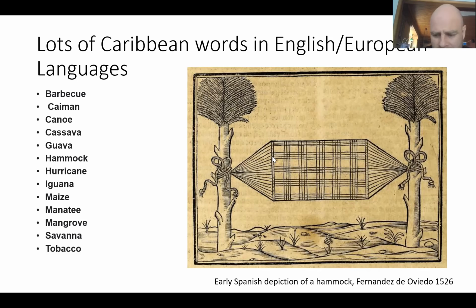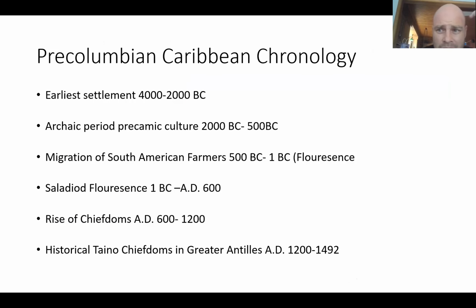So, talking about the chronology briefly, we really see the earliest settlement of the Caribbean 4000 to 2000 BC. I'll talk about it in a second, but there's a period of kind of stabilization and growth where pre-ceramic hunter-gatherers are living there.